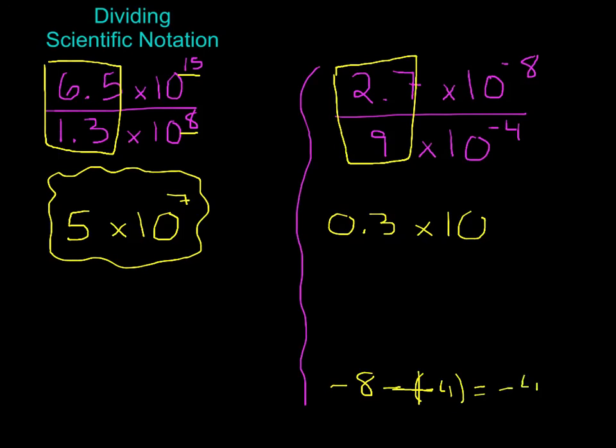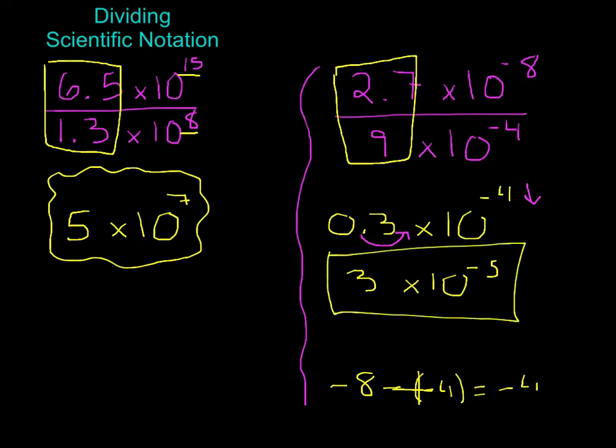So 0.3 times 10 to the power of negative 4, but change it to proper scientific notation, so it's 3 times 10. Because I had to increase the coefficient by 1, I need to decrease the power by 1. So it would be 3 times 10 to the power of negative 5. So there is my final answer.